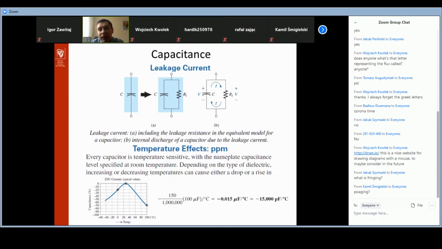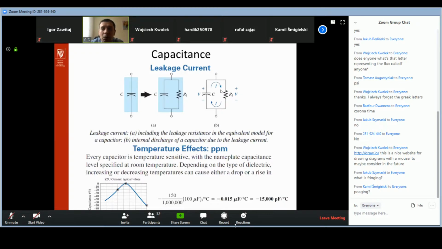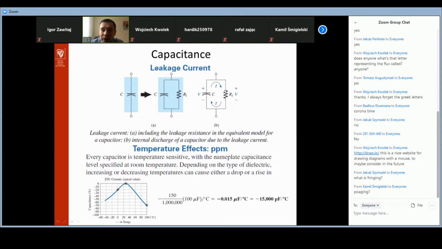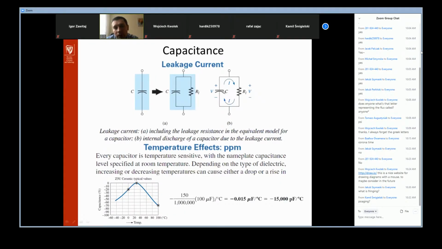However, if we have some resistance of the dielectric material, then due to this internal huge resistance, very slowly the current will pass from the top to the bottom plate through the dielectric, due to the huge RL.